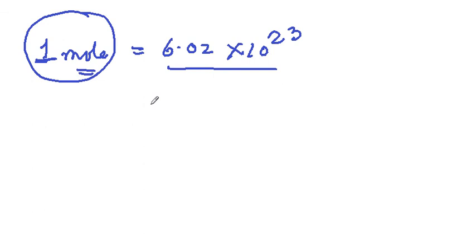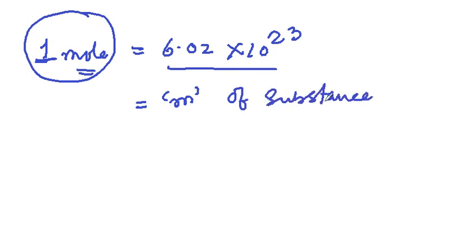And the mass of 1 mole of a substance will depend on the type of the substance that we are using. Let's say if it is sodium, then it is 23. If it is water, then it is 18. If it is ammonia, then it is 17. If it is aluminium, then 27.